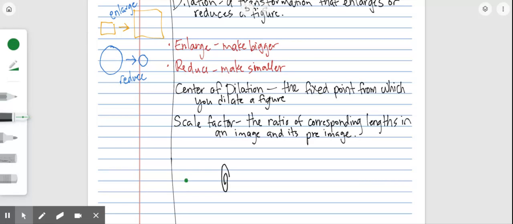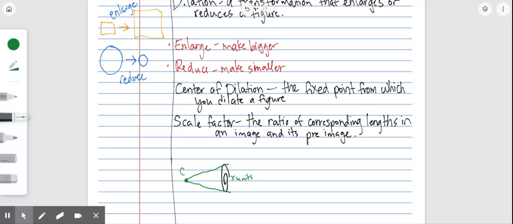But I'm just going to draw it over to the side so that we have an idea. So this is the center of dilation, C. And then when I draw the center of dilation, I can take a straight edge and draw a line straight from the center of dilation to the top and to the bottom. Okay. This tells me how tall my original shape is. This is X units, okay? X units.